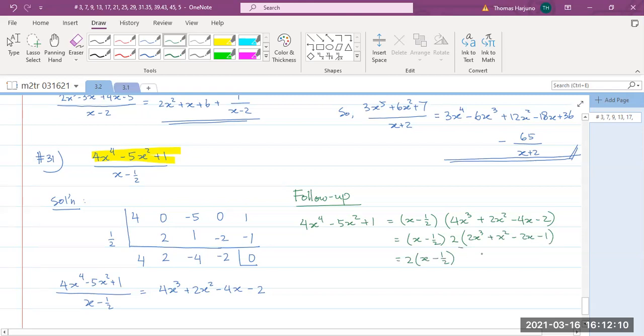The first two terms have common factor x. The last two terms have common factor negative 1. So we get 2 times x minus 1/2 times 2x plus 1 times x squared minus 1. All of a sudden, we fully factor it.